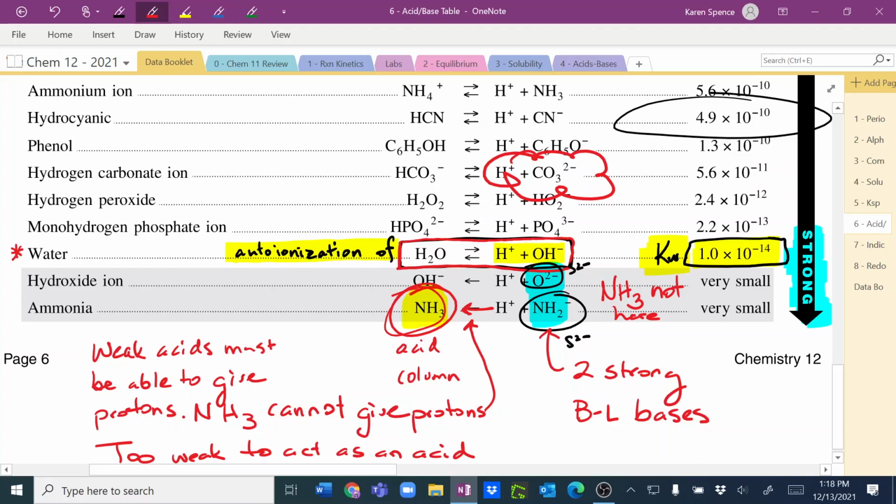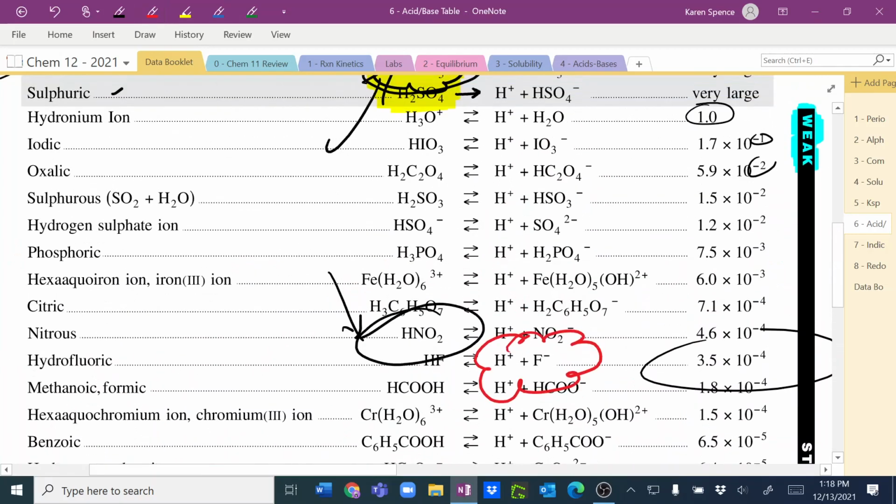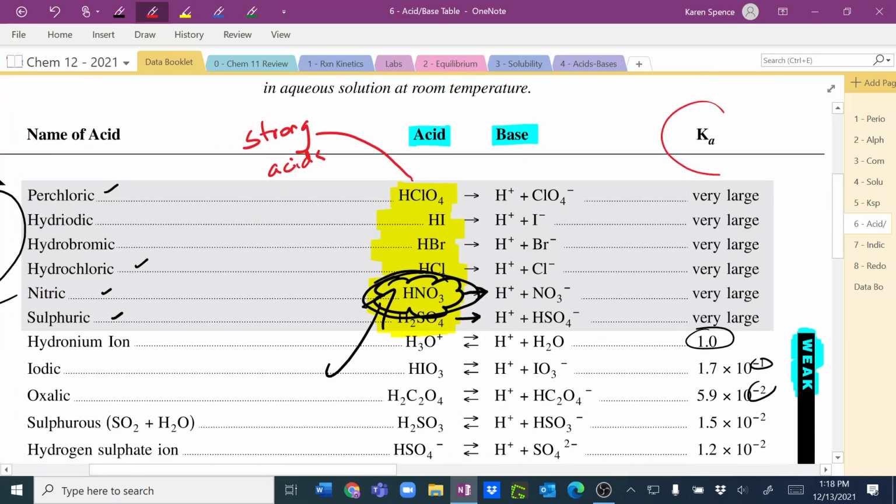And the value is given to us, 1.0 times 10 to the negative 14. And that is our KW. Now you'll notice that this KW is in the same column as all the Kas, and in fact it is the Ka for water.